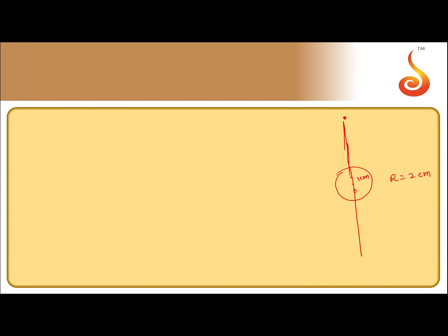So here V is equal to 1 centimeter, the image distance from the center of curvature, and U is the object distance.